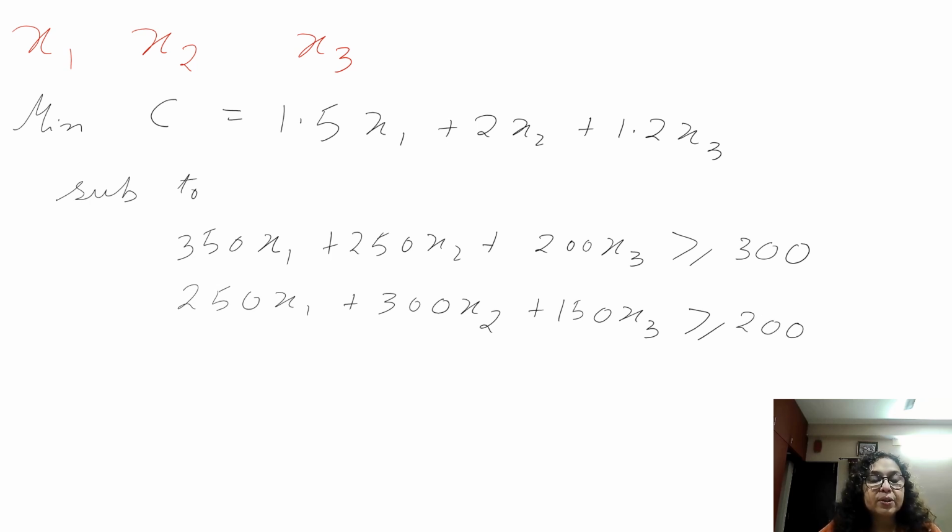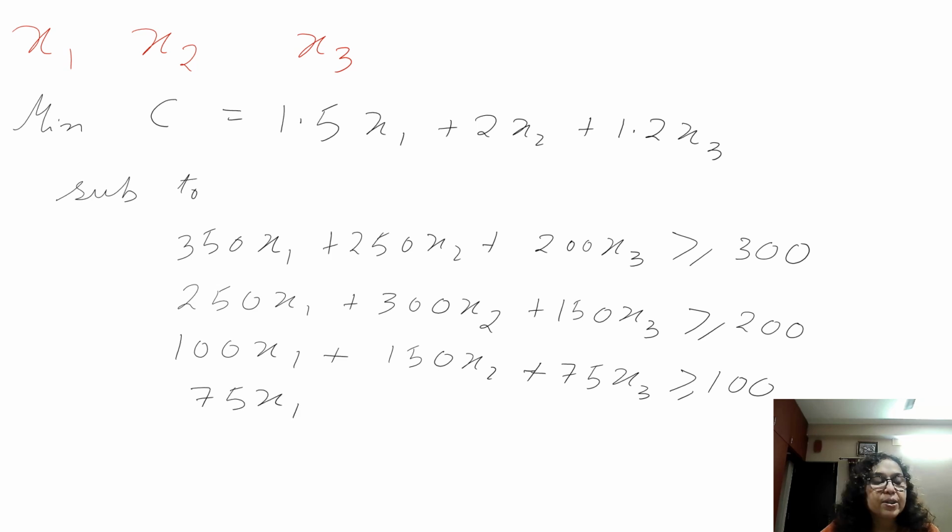Next, we come to the vitamin A constraint, which is 100x1 and 150x2 and 75x3. And the minimum requirement is 100. Then we come to vitamin C, where also the minimum requirement is 100. So the amount of vitamin C is 75x1 and 125x2 and 150x3, greater than or equal to 100.